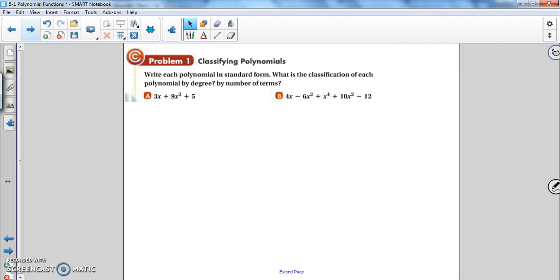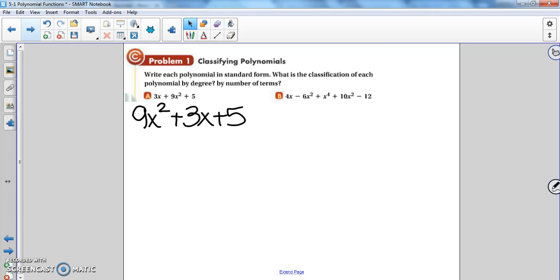So we can classify polynomials. We're first going to write each polynomial in standard form. What is the classification of each polynomial by degree and by number of terms? So we have 3x plus 9x squared plus 5x. I'm going to write this with my exponents in descending order. So 9x squared plus 3x plus 5.